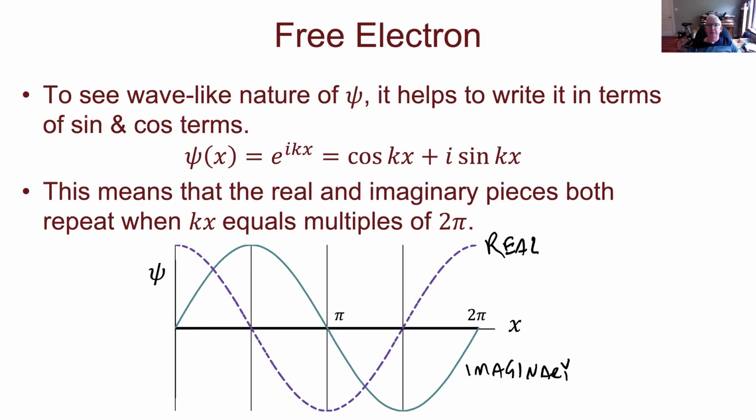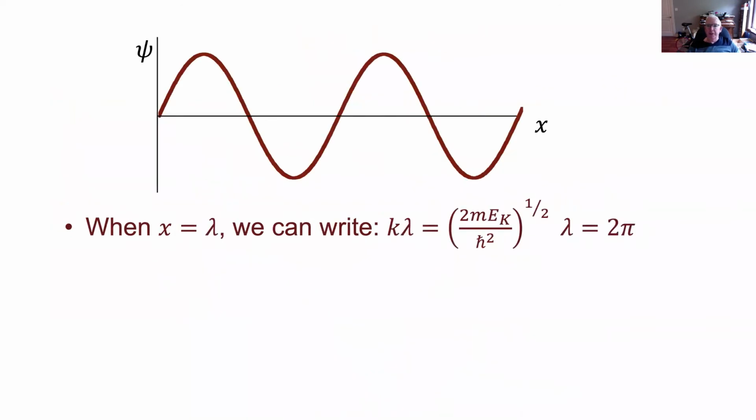So I want to set x equal to lambda, then I can write kx is equal to k lambda, and I know what k is, because k is this quantity here, that's what we found before, and I can set all of that then equal to 2 pi. If I do that, I can use this to get a sort of roundabout way to arrive at proving that this is consistent with the de Broglie relationships. Okay, so let's do that. I've got that expression up here, which says, let me solve that for kinetic energy.